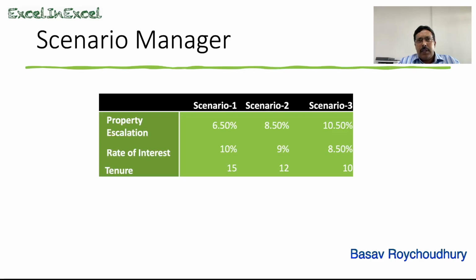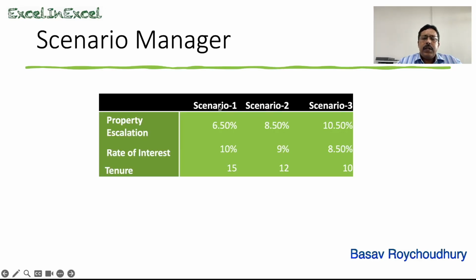However, while the scenario manager can take as many inputs and as many outputs, it gets a little restrictive because you have to manually type the data into the scenario manager dialog box. So let's say we consider these three scenarios: scenario 1, scenario 2, scenario 3.